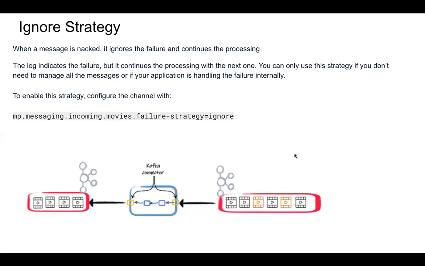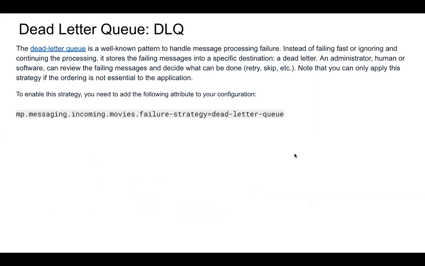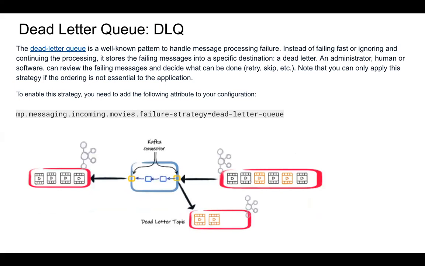The next one, which is more widely used, is the dead letter queue or DLQ. What this means is when the producer sends the message, and for some reason the connector could not deliver the message, it stores it in a separate topic, which is called a dead letter queue.